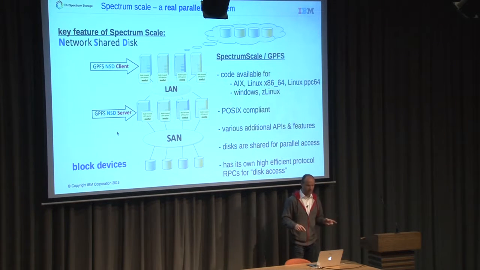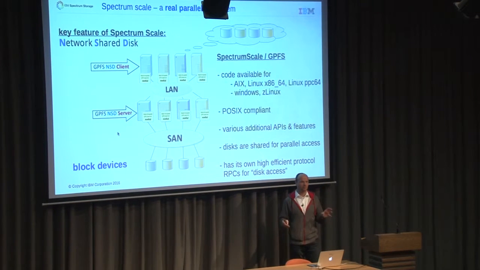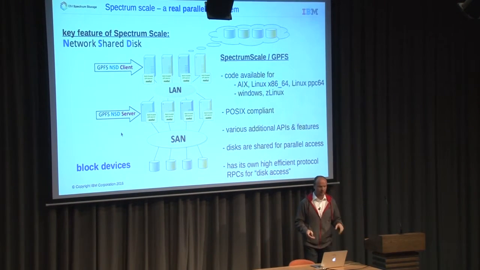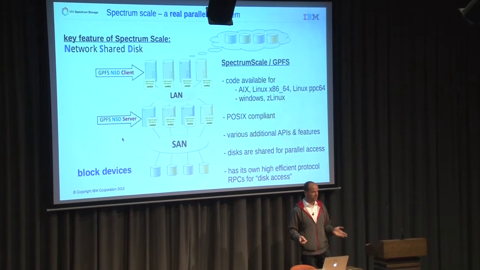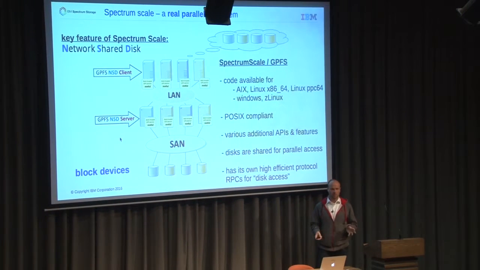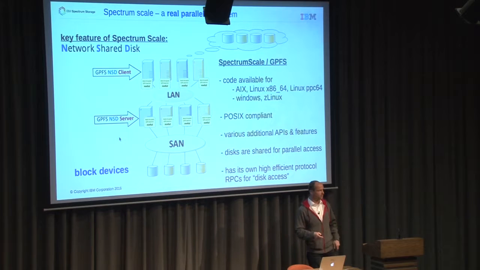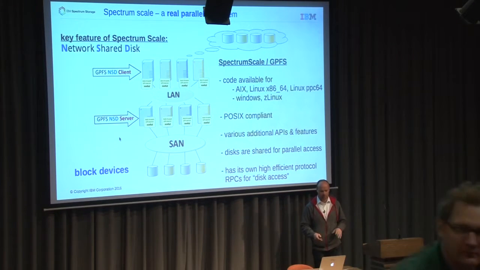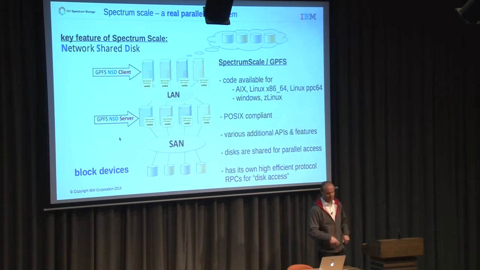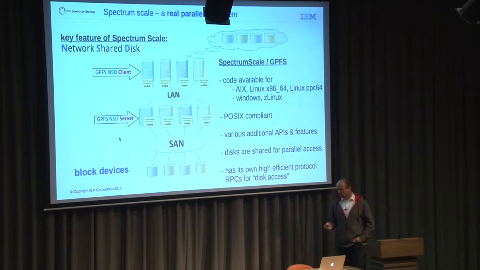We share disks. And this means every member in this grid has the same access to the physical block devices. Therefore, it's a real parallel file system. We are completely POSIX compliant with various additional features, snapshot, quota, whatever, you name it. The list is long, very long, longer than I can talk here in 20 minutes. For now, we focus on highly efficient RPCs we send from here to access the disk.